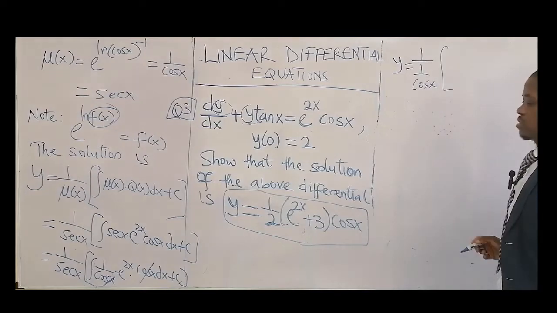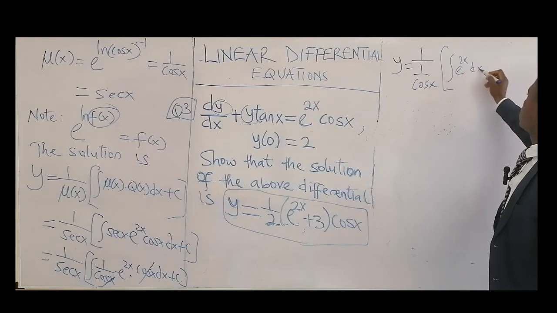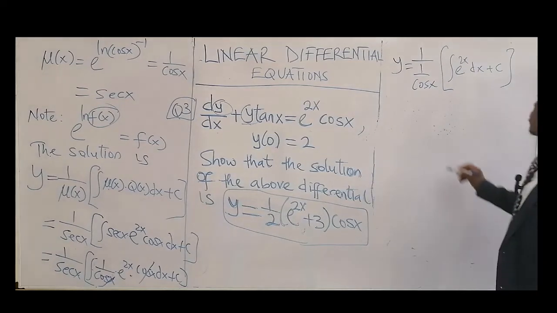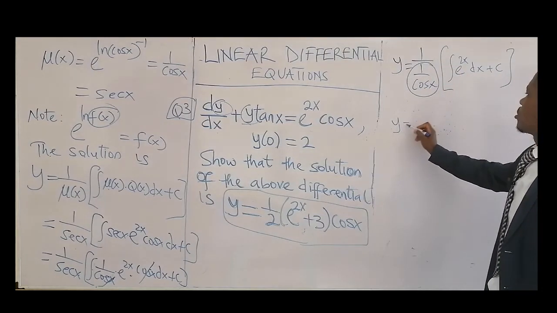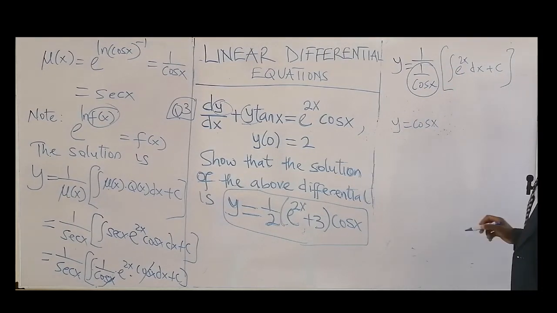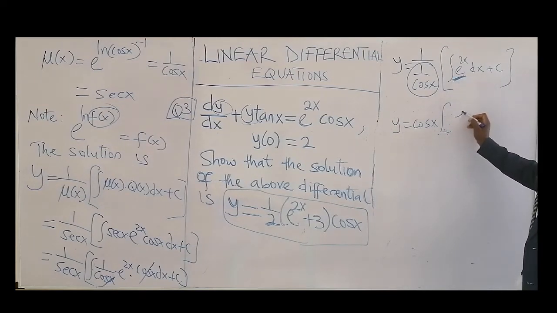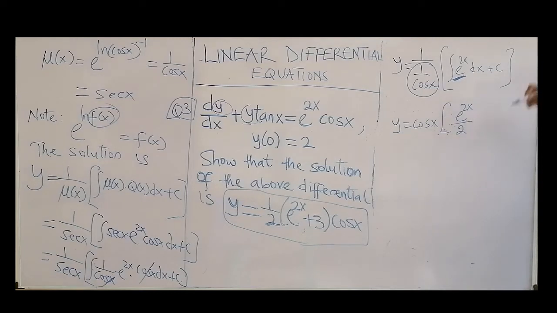Put your brackets, that will be integral of exponential to power 2x dx plus c. Then that will be cos x, and open your bracket here. Integral of exponential here will be e to the 2x over 2. When you have an exponential function and you are integrating, it will give you that exponential function, and then you divide by the derivative of the exponent. Then plus c. So that's the final answer.